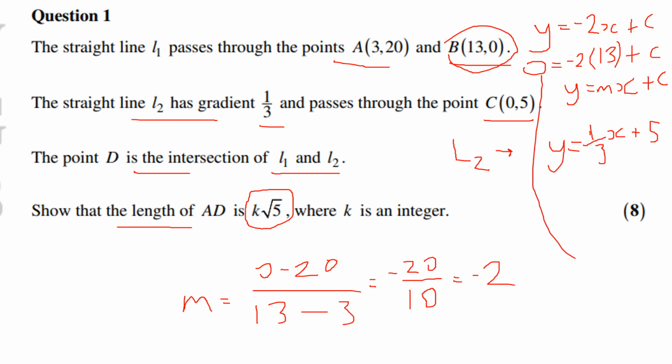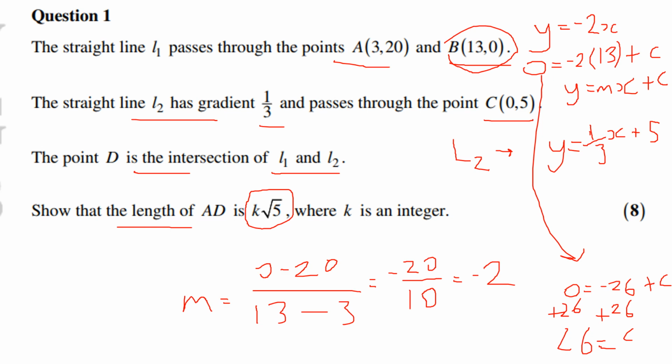Rearranging, 0 equals minus 26 plus c. Adding 26 to both sides, 26 equals c. So the equation of L1 is y equals minus 2x plus 26.